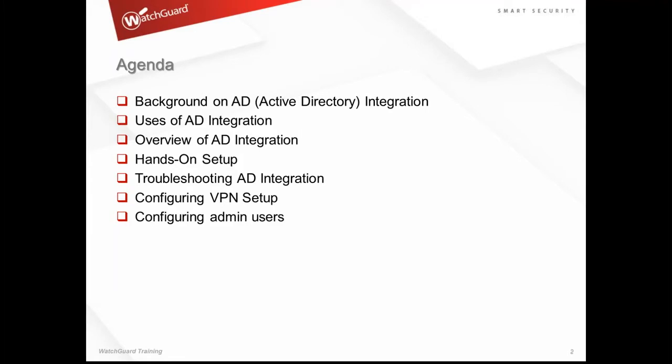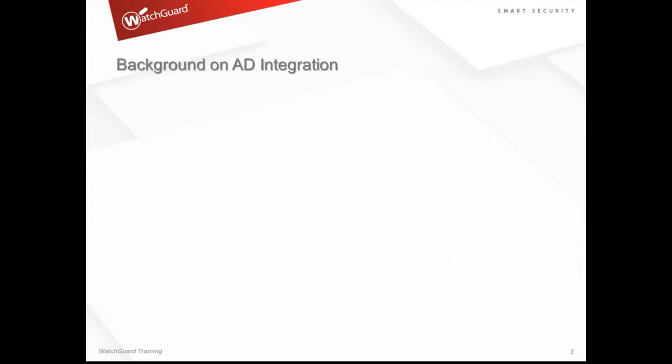We're going to look at an overview of the integration, and then most of you that have been on before know I like to throw the slides out and go into a hands-on environment and show you in real time how that impacts your environment and how to set that up. We're going to go over some basic troubleshooting tips for Active Directory integration, and then we're going to look at configuring a VPN setup as well as the admin users tying into Active Directory.